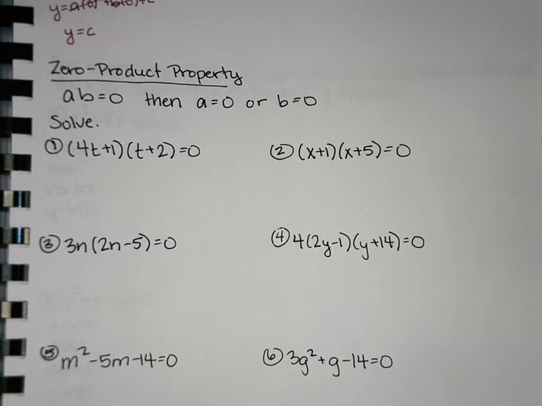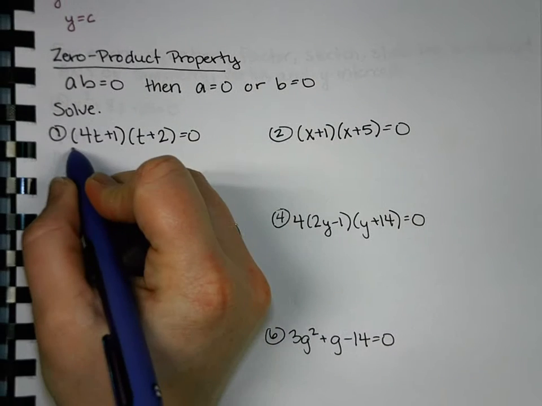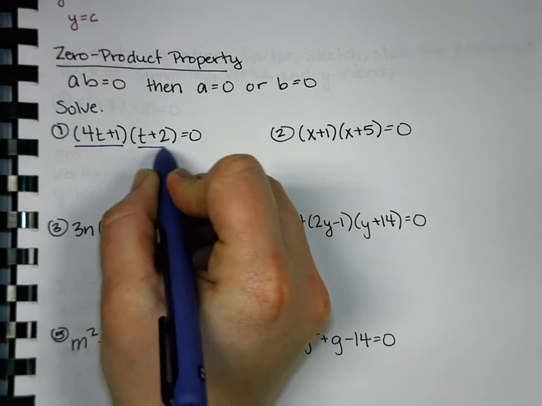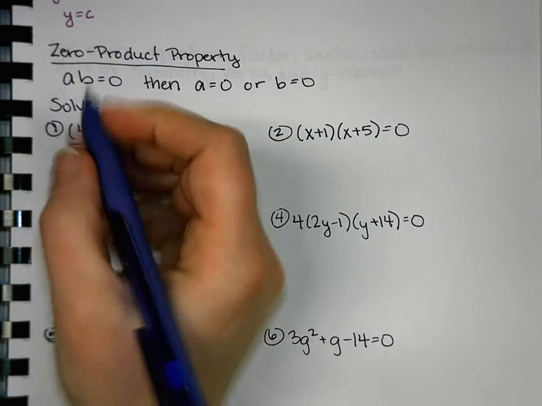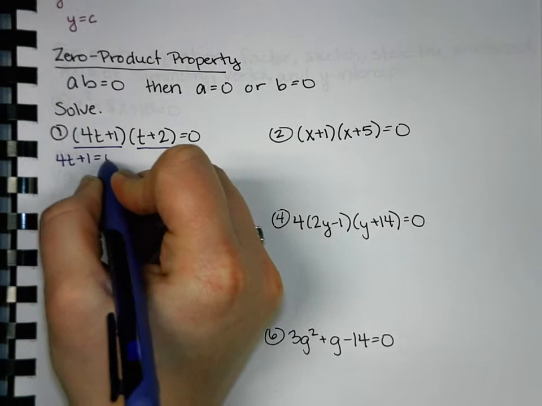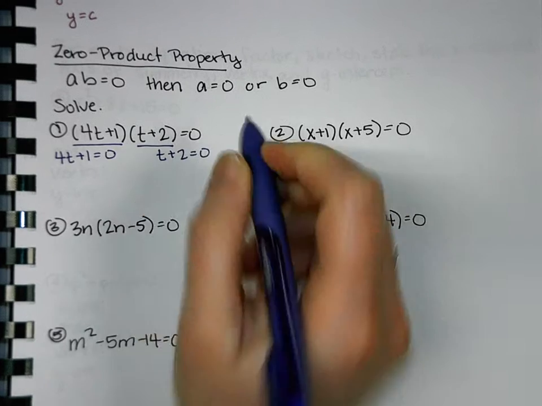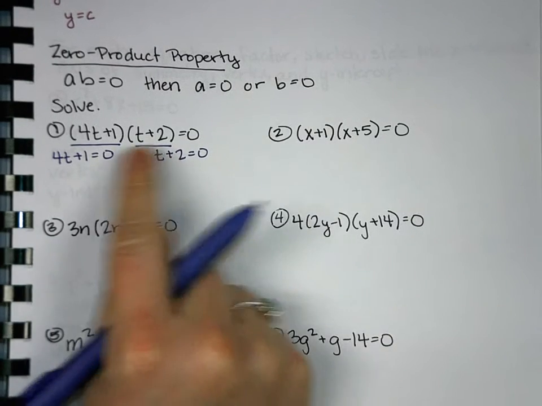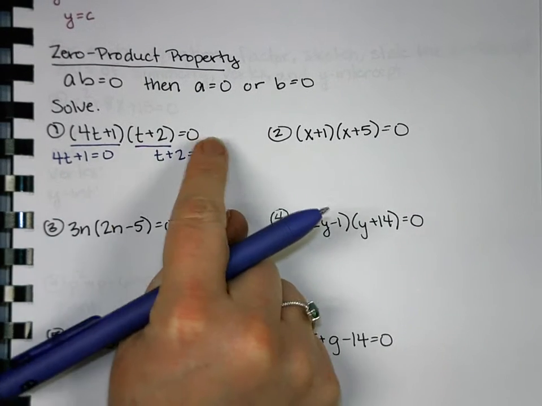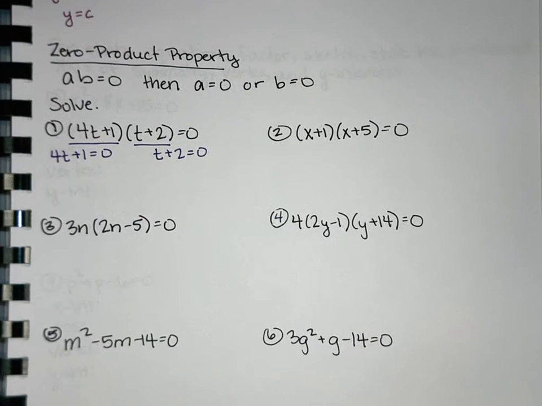So if we look at number 1, it's already factored for us. So we're going to take the two factors that we have, and we're going to set each one equal to 0. Because the zero product property tells me that if these two things are being multiplied together and equal 0, then one of these has to equal 0.